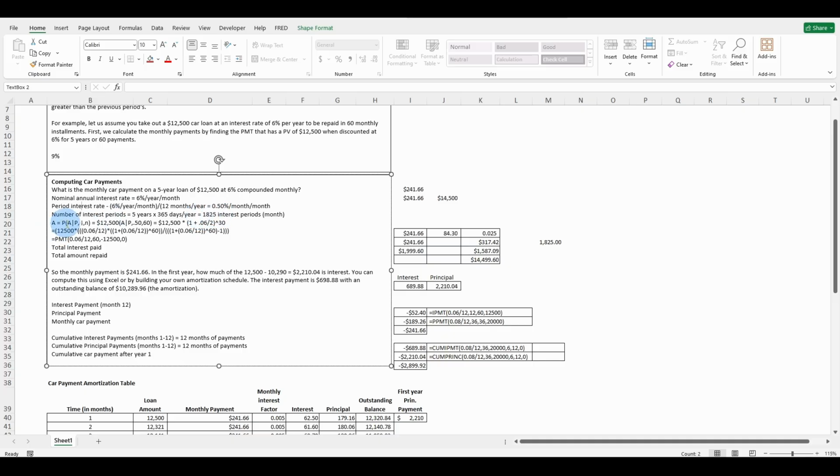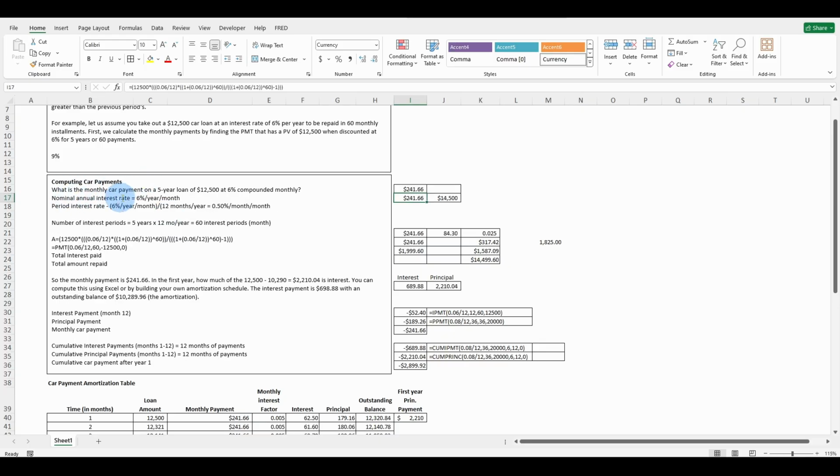A is equal to this formula. I don't use this, but for you engineers, you can do whatever you need to do. Here, all we're doing is the annuity A equals 12,500 times 1 plus 0.06 divided by 12 to the 60, so this is 5 years times 12.